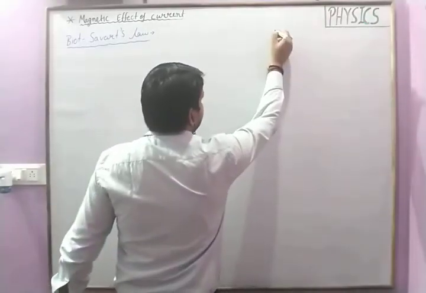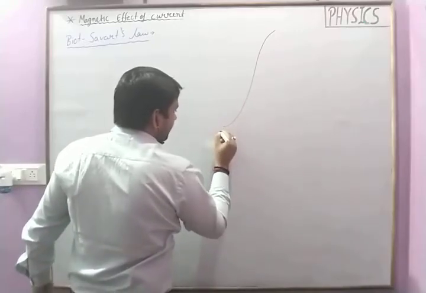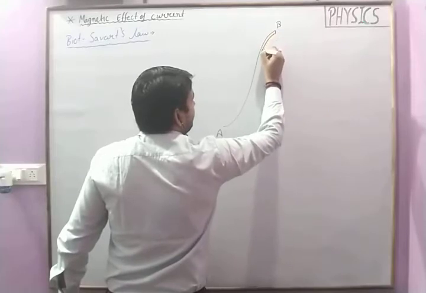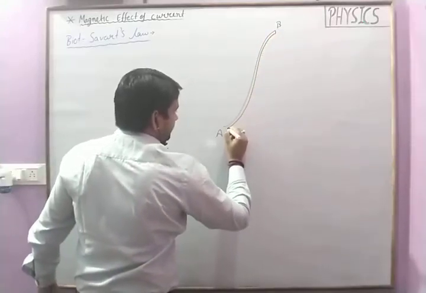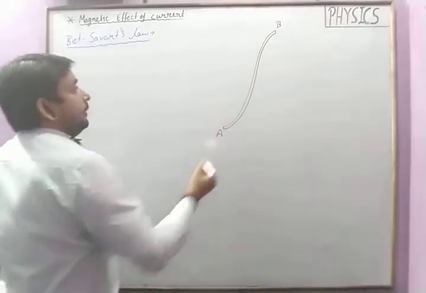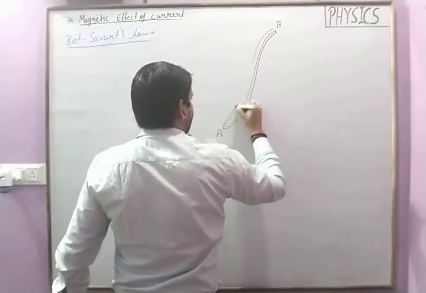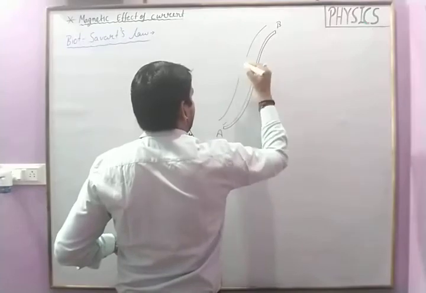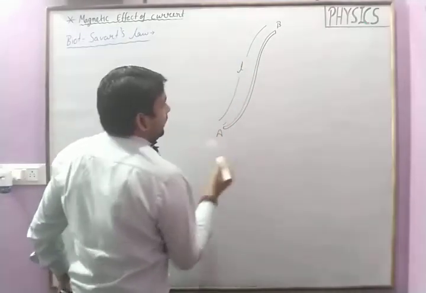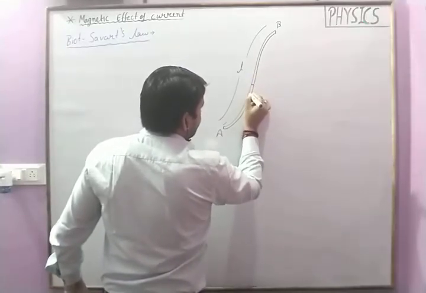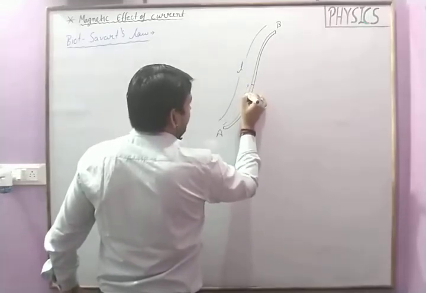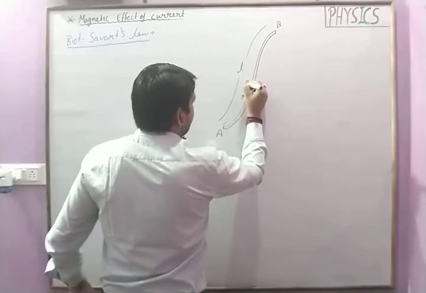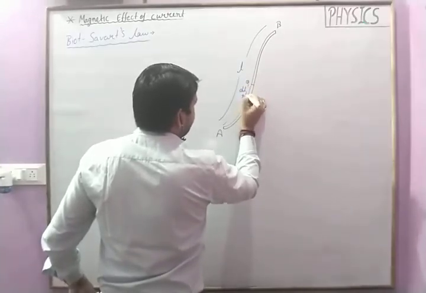Suppose we have a wire, again the same A, B. The wire has length L from A to B, and we are now going to discuss this small current element dl, PQ. This is dl.